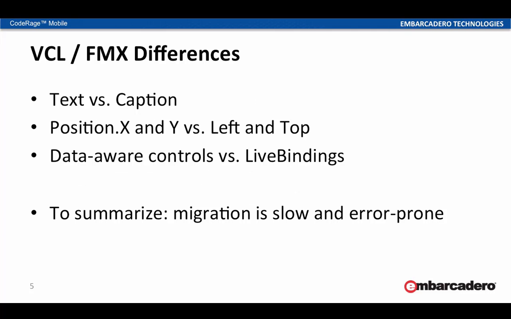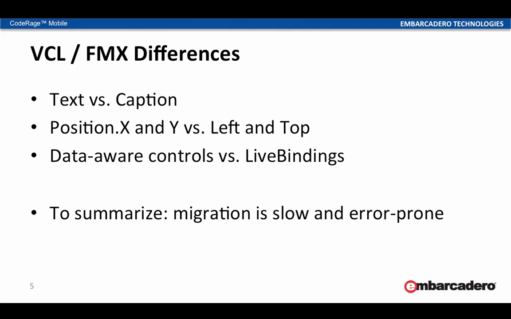The differences are not just in the overall architecture. There have also been tactical differences, like the caption property is not used anymore, but has all been unified as text, as most frameworks do. And for example, we don't have left and top, but there is position X and position Y and potentially position Z for 3D applications. And again, as I mentioned, data-aware controls are gone.